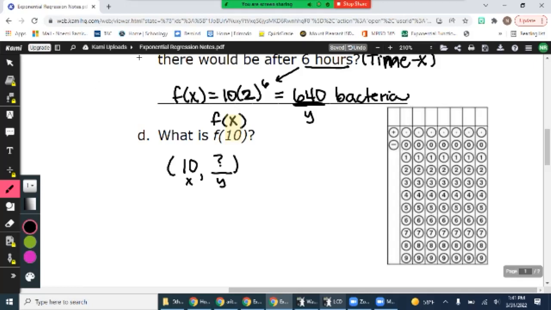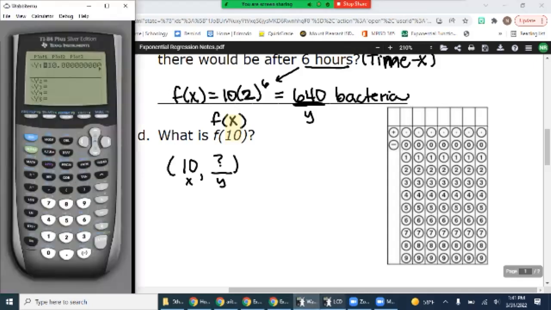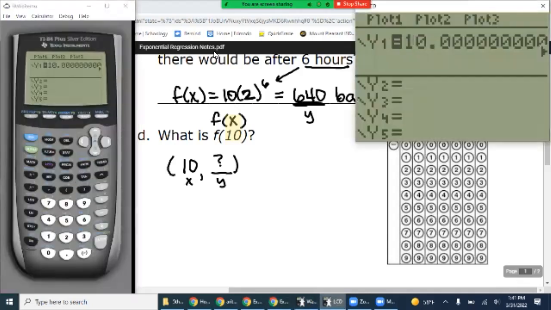Now, once again, it's not 2. 2 is your factor. You could also plug in the 10 here because this is where my x goes, but there is another way because I am using regression and I have my calculator handy and my equation here. We have learned a way to go directly to an x value of 10. What do we do?